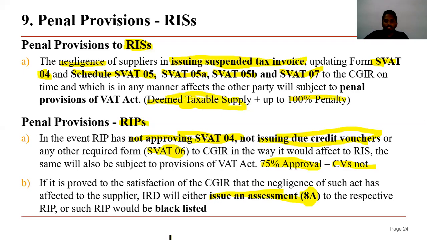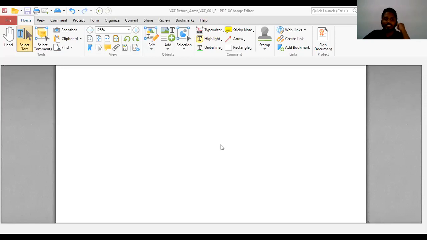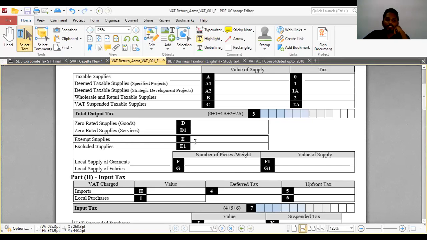Then let me share the VAT return with you. Here is a sample VAT return form. This is not actually a specimen; this is the actual VAT return format.